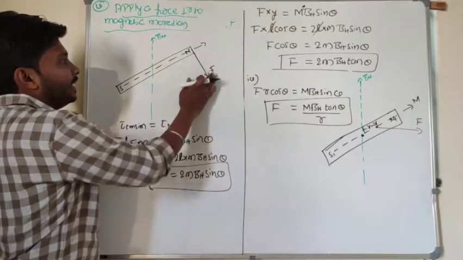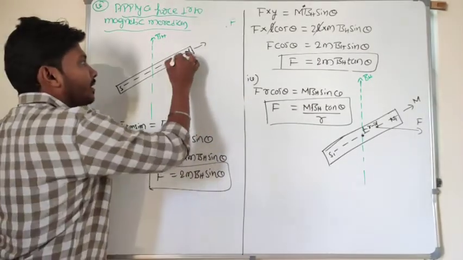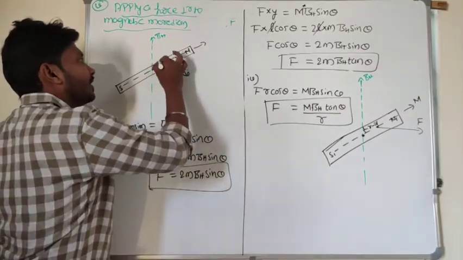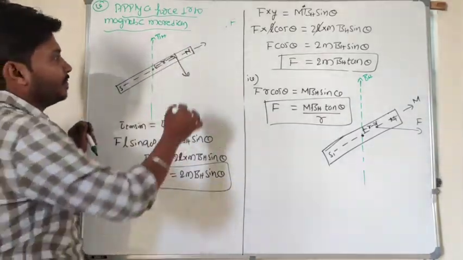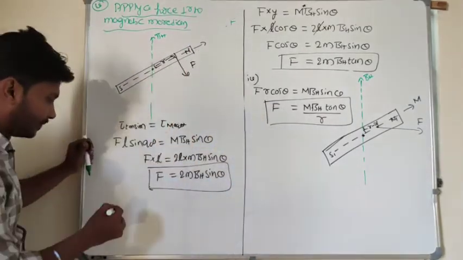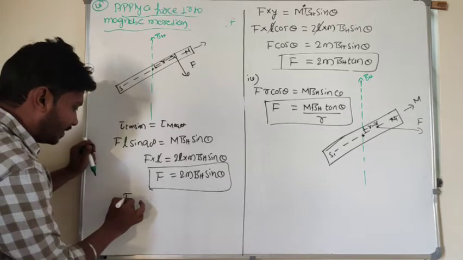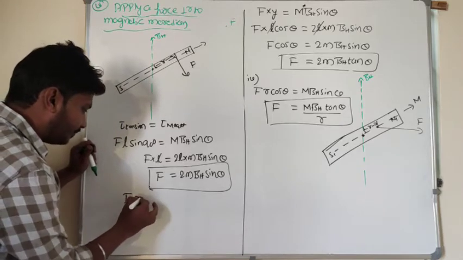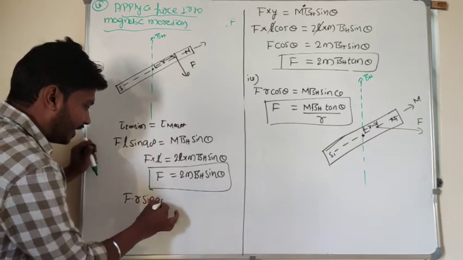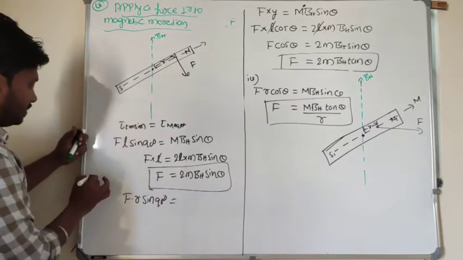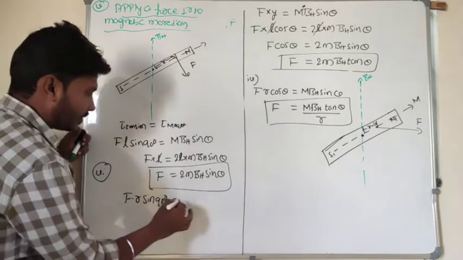Now instead of applying the force at the end, if I apply the force at a distance R from the pivot, in this condition I will take F into R sin 90 degrees. This is the sixth application.